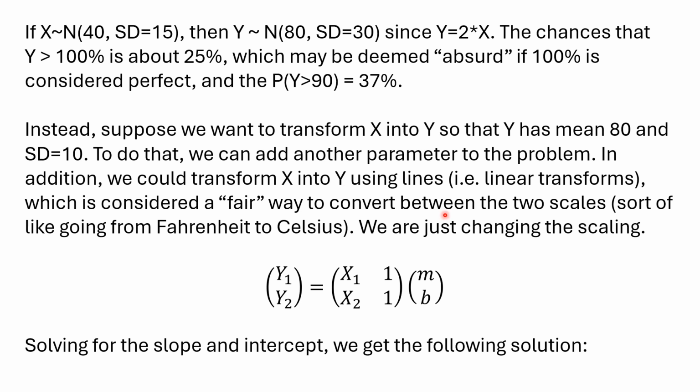That's the kind of thinking we're going for. Now, in this particular case, we're just doing one line across the whole set of scores available. So what we do is we can write the equation in linear algebraic notation here. We've got a vector here, y1 and y2.